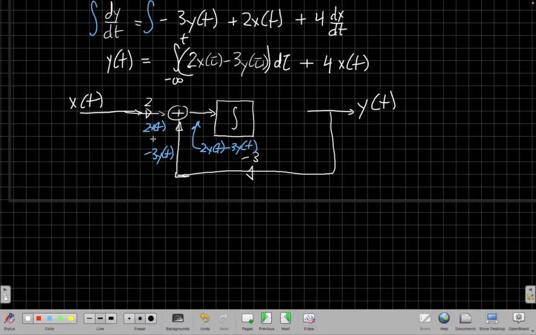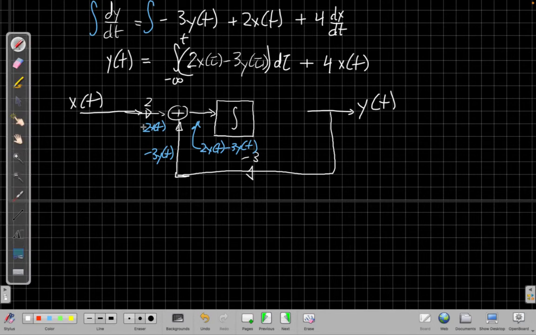Computing that integral gives me everything up to here. The output of that integrator gives me this term for y of t, and I would just add in 4x of t to that. So I want to grab my x of t and sneak it through here. I should have left myself a little more room.